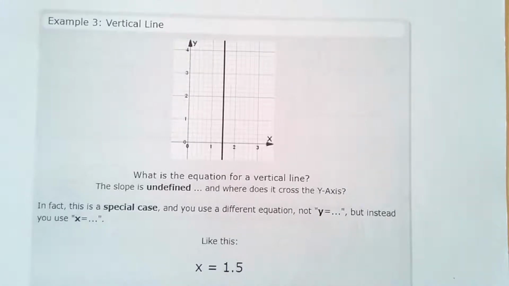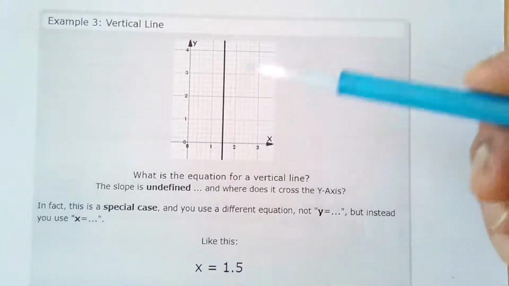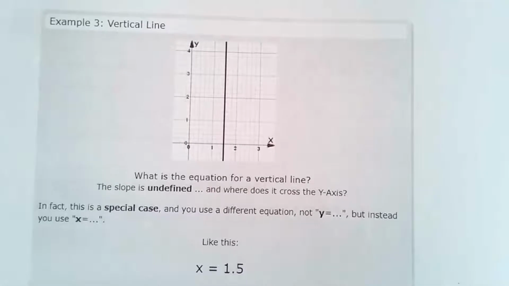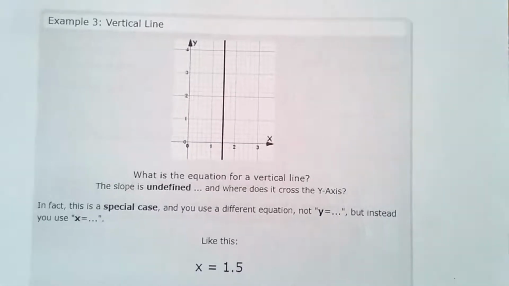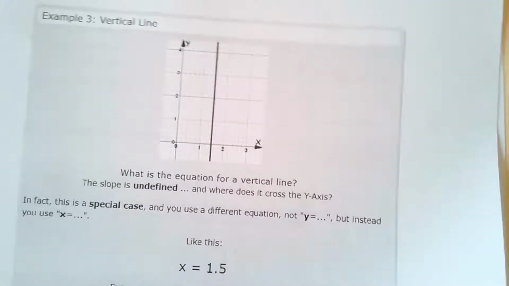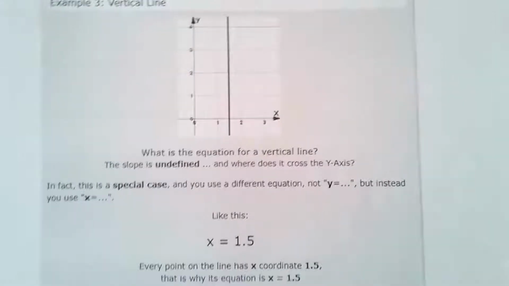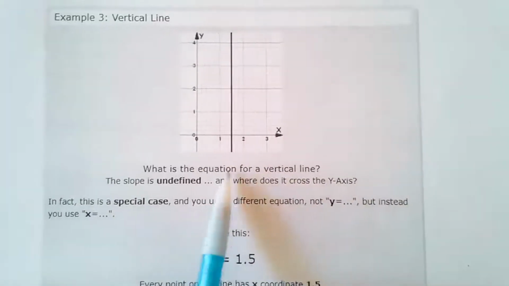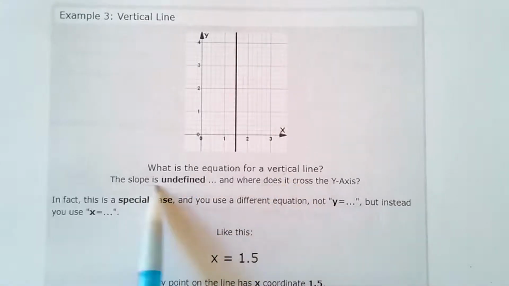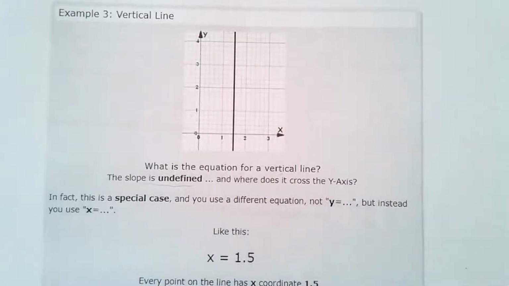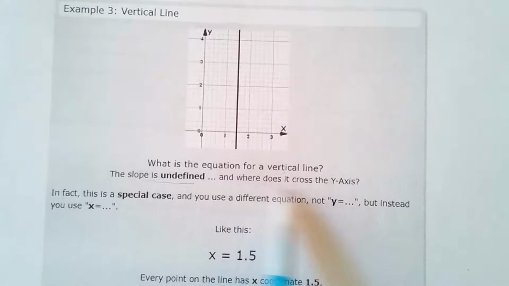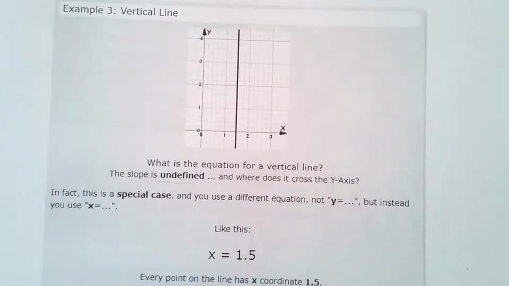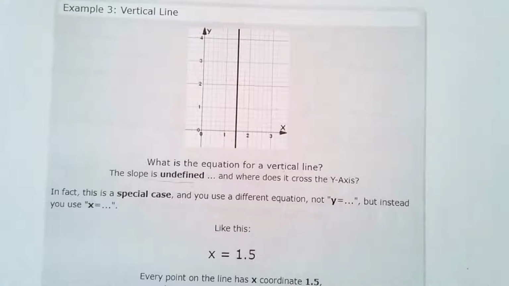You cannot determine a slope from this. Now, if you have a horizontal line, you'll have a slope of 0. So for a vertical line, the slope is undefined, because it doesn't cross the y-axis.